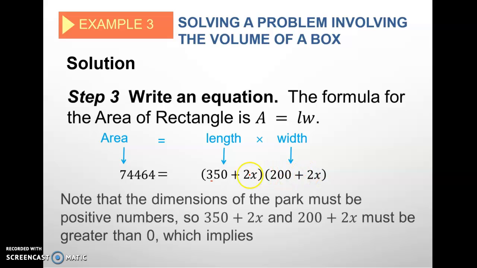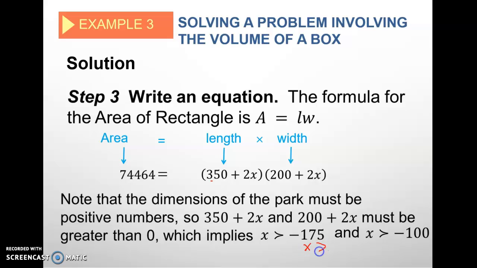Note that the dimensions of the park must be positive numbers. So x should be greater than these two constraints here, but that doesn't matter because these are very far numbers, so you can shorten the constraints.